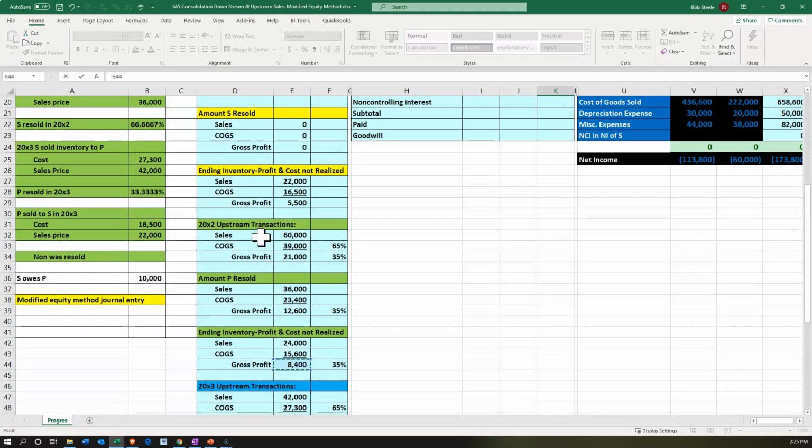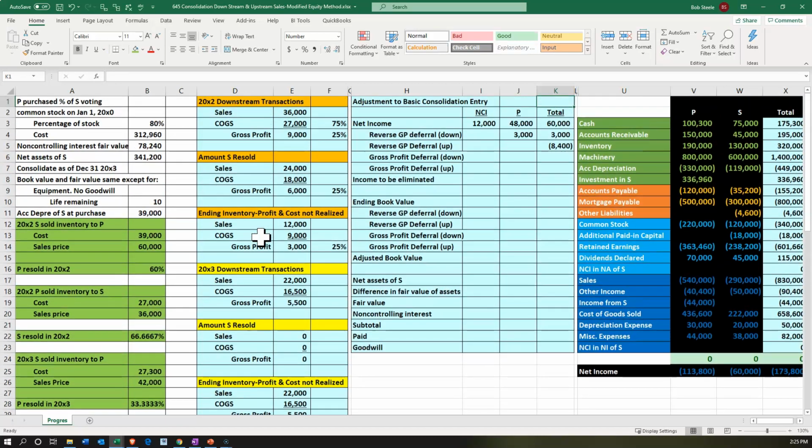This one we will be breaking out between P and the non-controlling interest, the controlling interest, and this shouldn't be a negative number. Then we're going to say this times 80% for the controlling interest, and then I'm just going to subtract them out, or 20% for the non-controlling interest. So there's going to be the non-controlling interest.